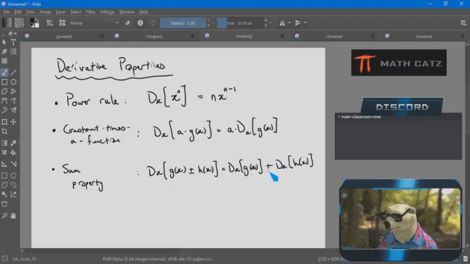That also works for a minus, and that's why it's called the sum difference property. If I have a plus or a minus, I can isolate the terms, look at those derivatives individually, and then put them together. That's exactly what I would want to do.